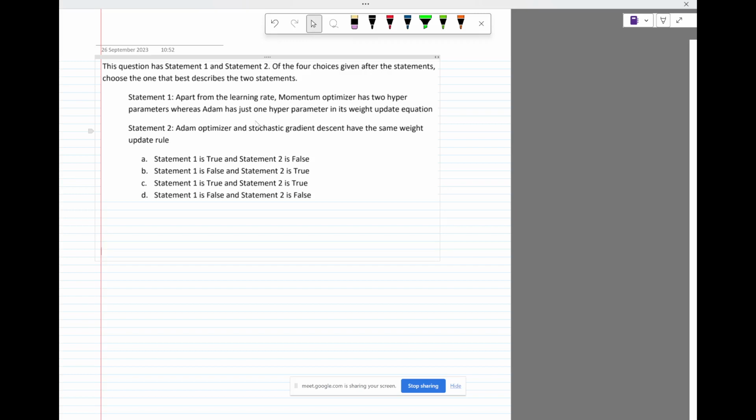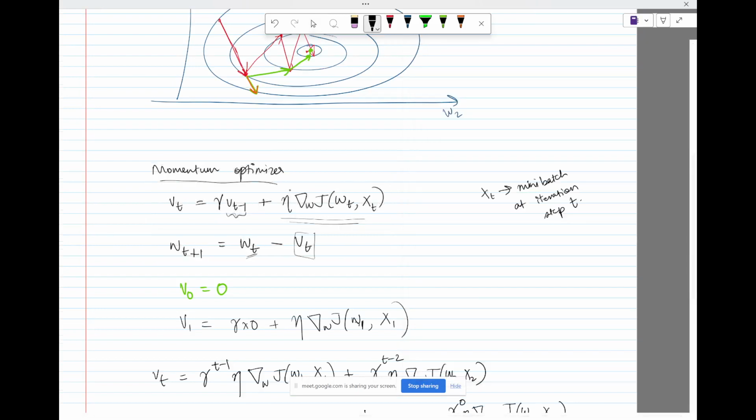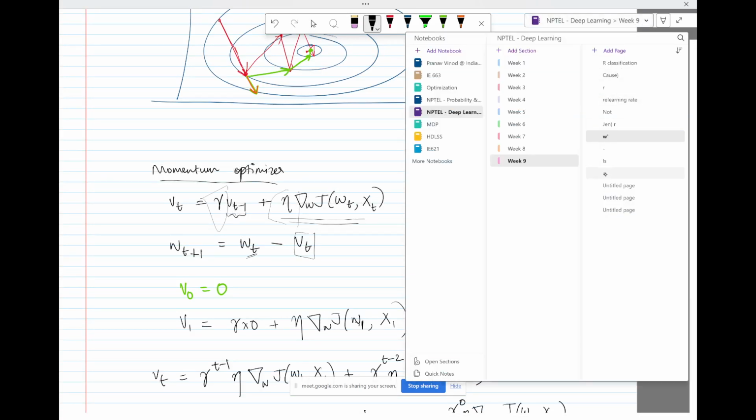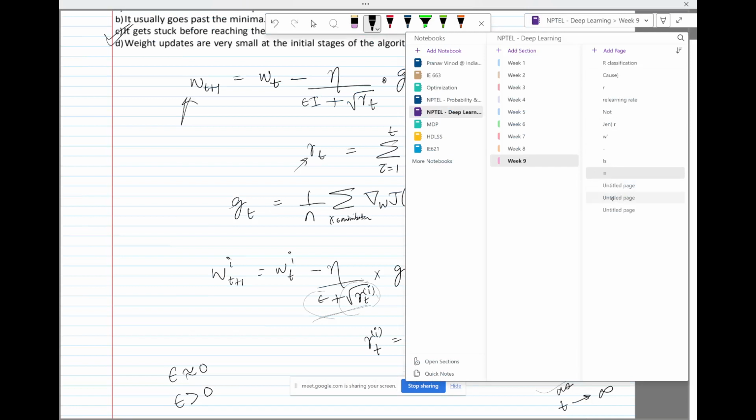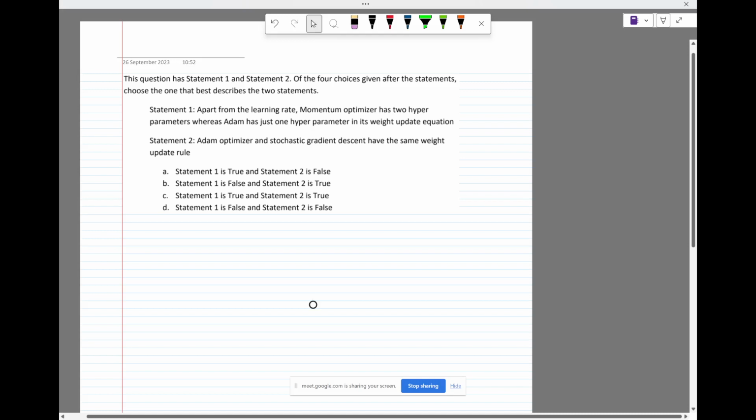If you look at momentum, apart from the learning rate, there is only one hyperparameter, right? So straight away we can see statement 1 is false, whereas Adam has just one hyperparameter in its weight update equation.